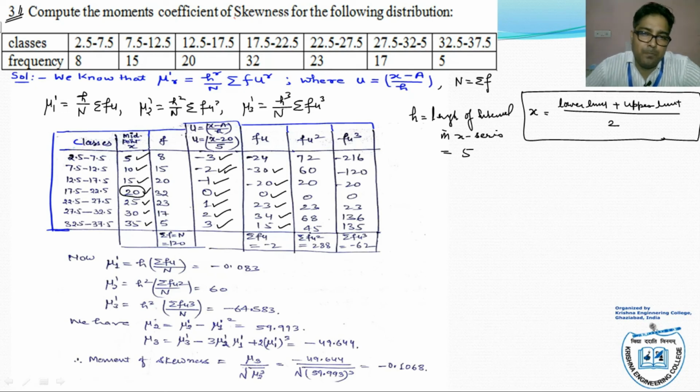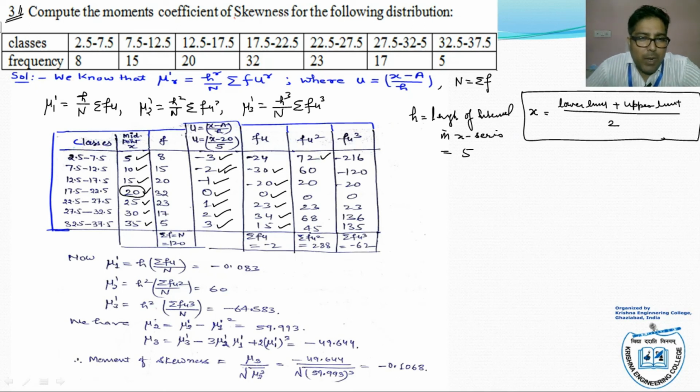Clear? Now find the fu square, the product of fu into u. The fu is minus 24 and u is minus 3, so the product of minus 3 into minus 24 becomes 72.